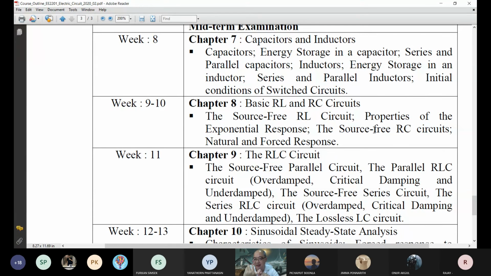The current in the capacitor or inductor, and the voltage. If I give you the current, you have the ability to find the voltage. If I give you the voltage, you have the ability to find the current. Clear? And after that, if you know the current and the voltage, you already have the ability to determine the power.